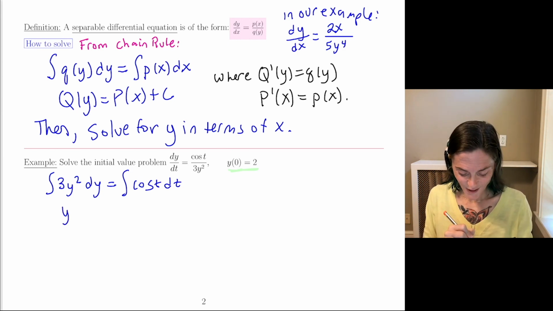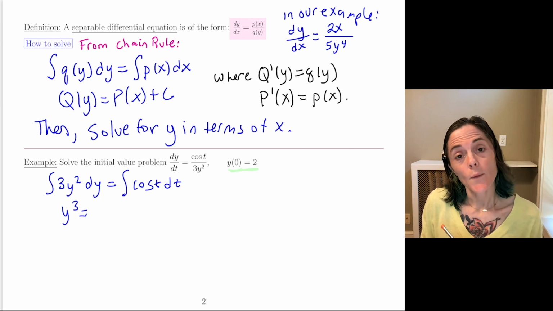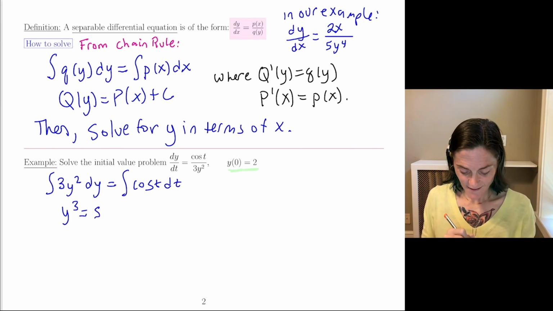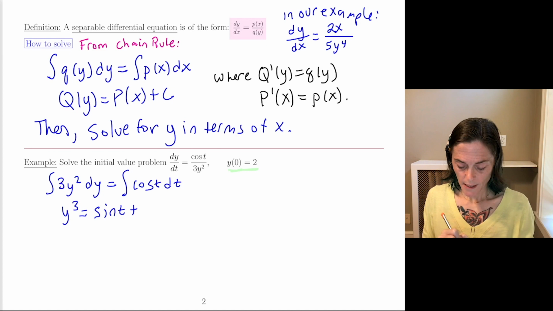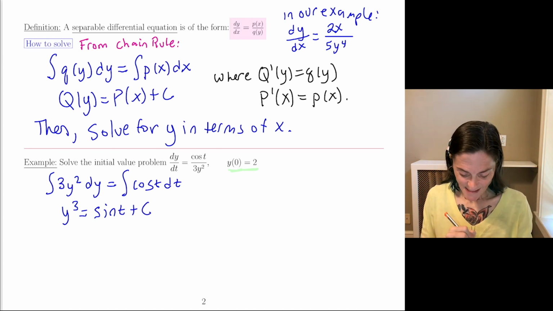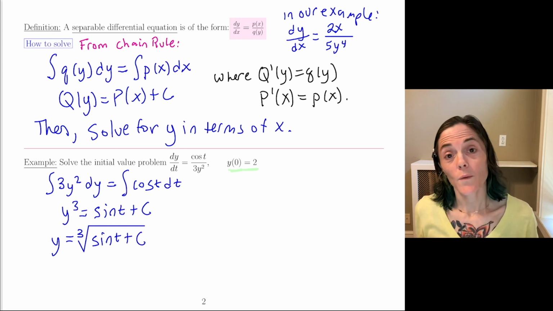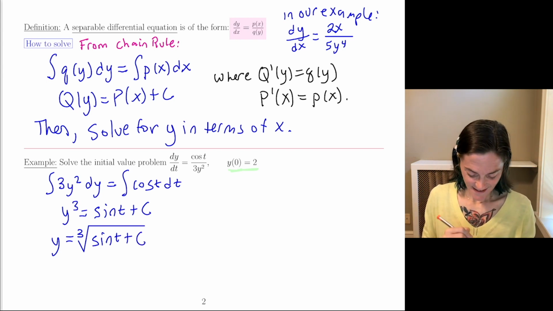Okay, y cubed equals, well, we integrate cosine, we get positive sine t plus c, and now we can take the cube root. So y is the cube root of the sine of t plus c. Okay, we're not finished.